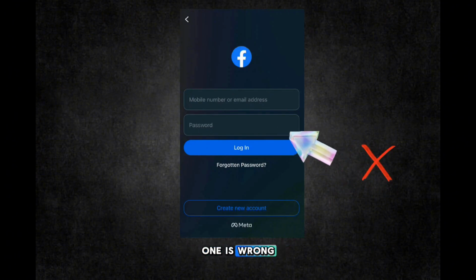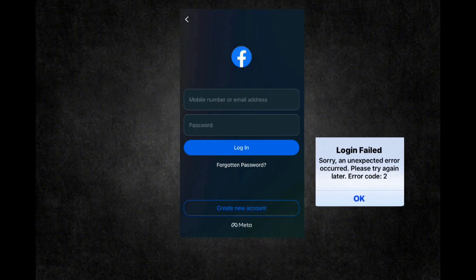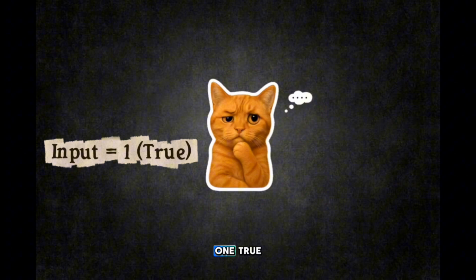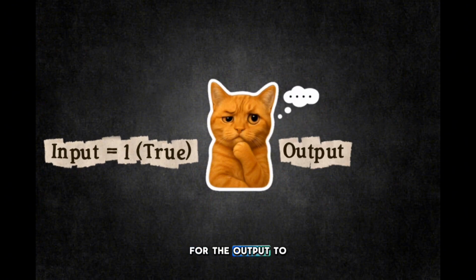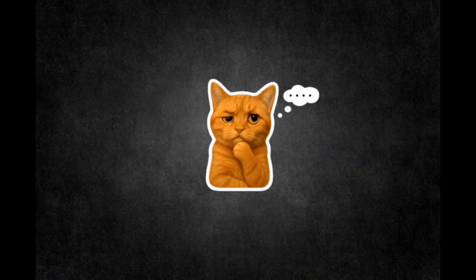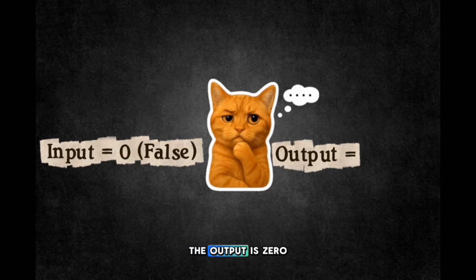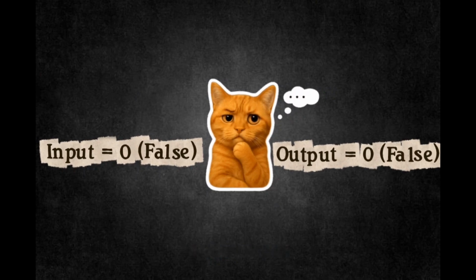If even one is wrong, you can't log in. The system uses an AND gate to check both conditions. So remember, AND gate means all inputs must be 1, true, for the output to be 1, true. If any input is 0, false, the output is 0, false.